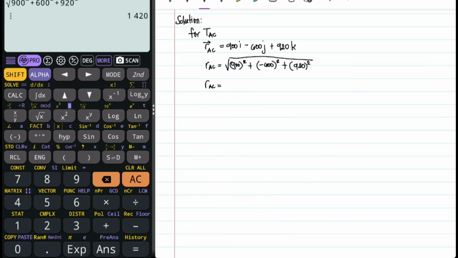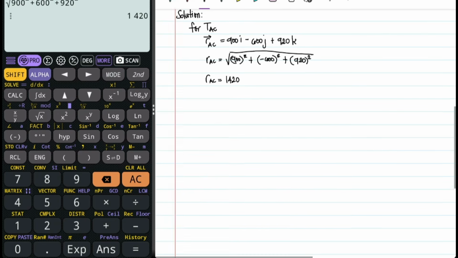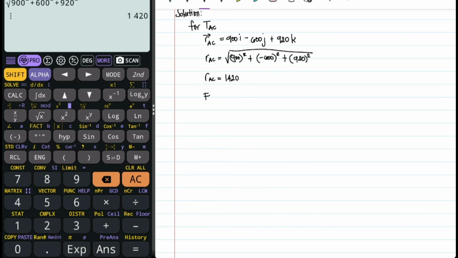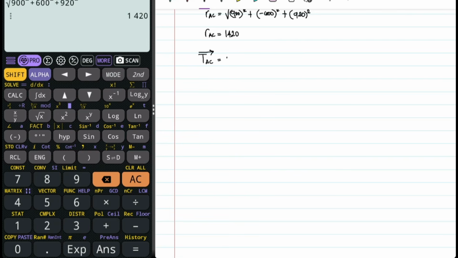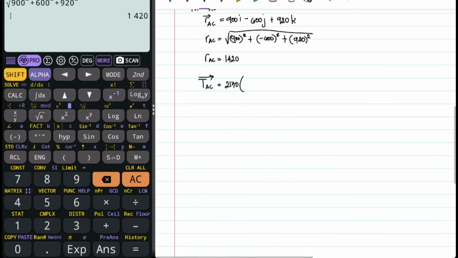Now we can express our tension in vector form. T sub AC in vector form is equal to 2130 newtons multiplied by the vector form of AC over the magnitude.